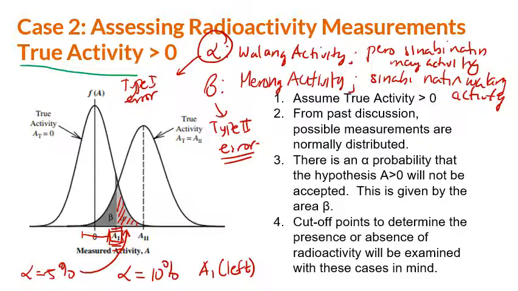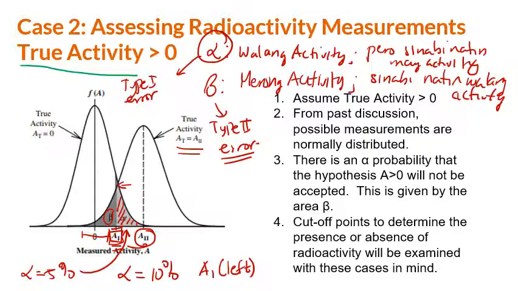So, meron tayong variance na alam natin from our measurement in our attempt to measure yung true activity, may variance tayo. So, from that, and then given your beta, we can deduce kung ano yung value ng A2. So, given yung beta and yung spread, yung variance.